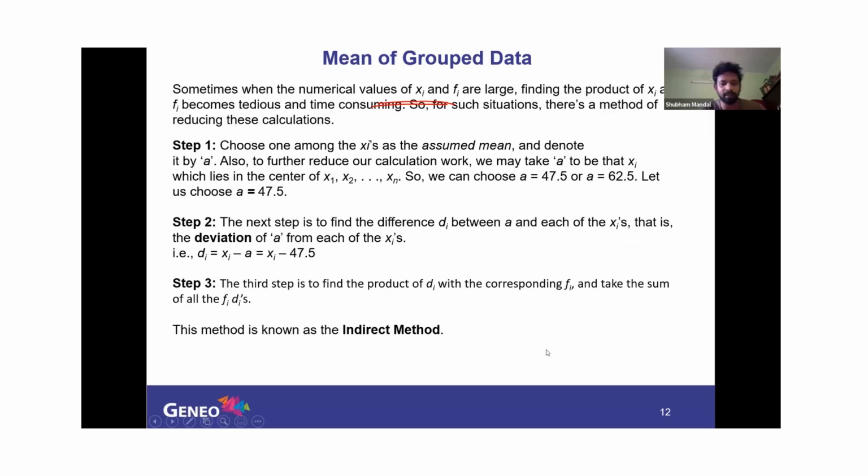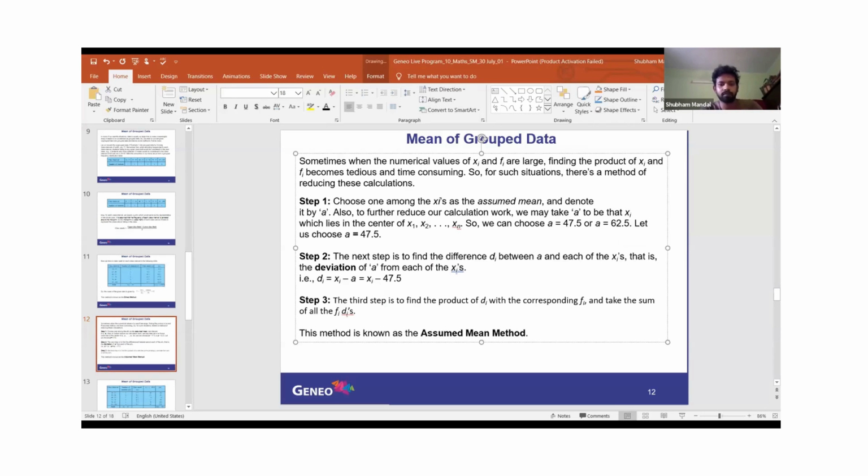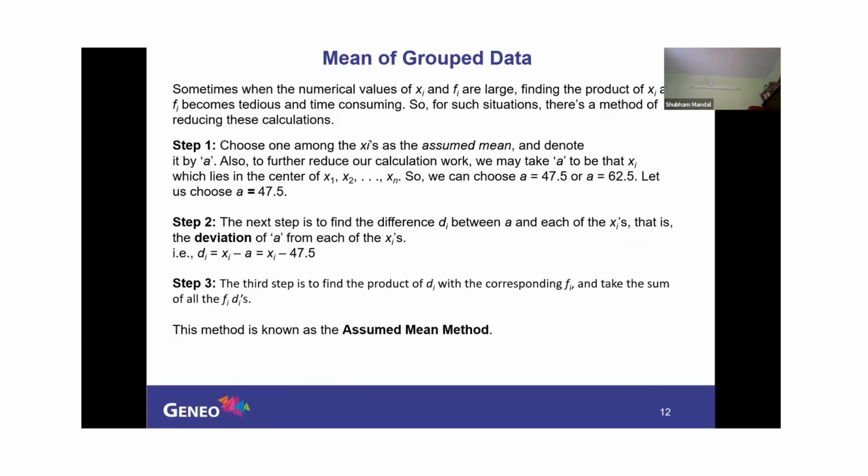Sorry, it's not the indirect method, this is called the assumed mean method. Sometimes the values of xi and fi are really large, and finding the product of xi and fi becomes tedious and time consuming. In those situations, there is a method for reducing these calculations.